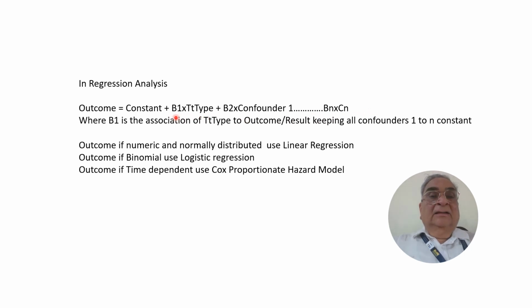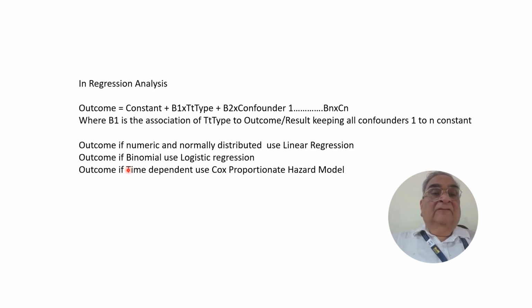So here, this beta 1 value will tell you the relation between treatment type and good and bad outcome, keeping all confounders C1 to Cn constant. So this regression analysis is able to deal with multiple confounders, and the exponential of this beta 1 is actually the odds ratio. So we'll show you this regression analysis in the next slide.